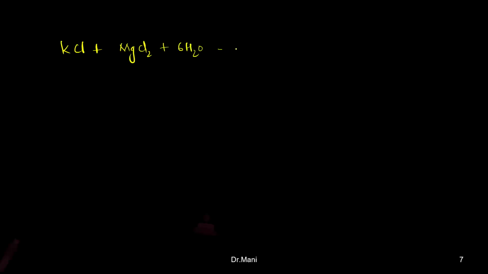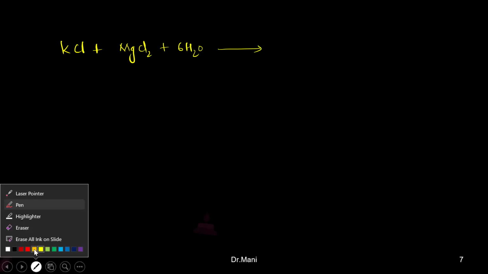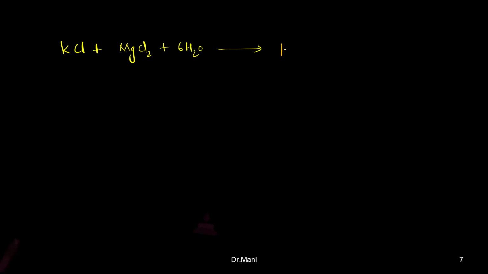It forms a complex structure that is a double salt, KCl.MgCl2.6H2O. All these are combined together. We call it carnallite. Remember this, which is a double salt. You can see here KCl is a salt, MgCl2 is a salt. So two salts were present. It's a classic example of a double salt.